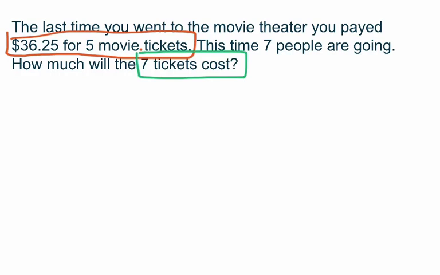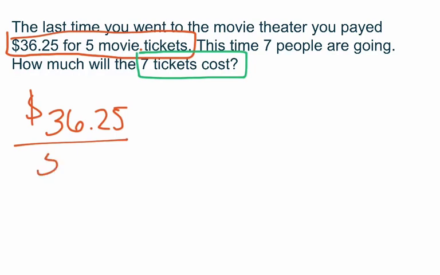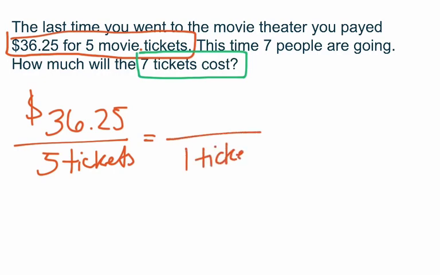So that's where this unit rate becomes really helpful, because what we can do is take our first rate, $36.25 for 5 tickets, okay, and we can find the unit rate, because wouldn't it be beneficial to us to know the cost for 1 movie ticket? And if you know how much 1 movie ticket costs, you can find how much any number of movie tickets cost.